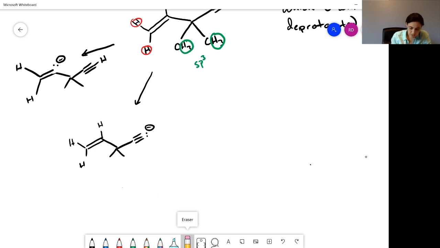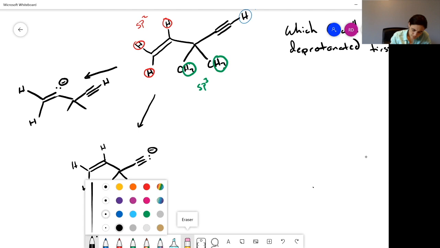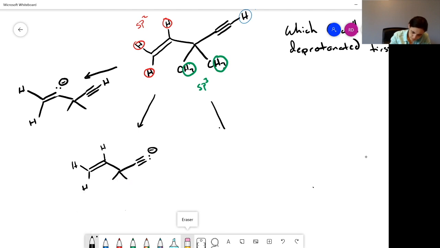All right. And then finally, the other option is to remove one of the hydrogens on our methyl groups.